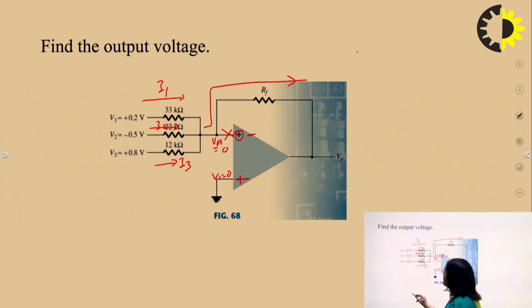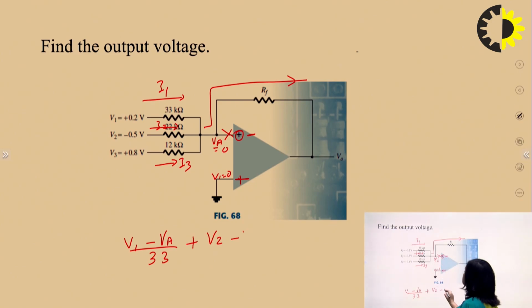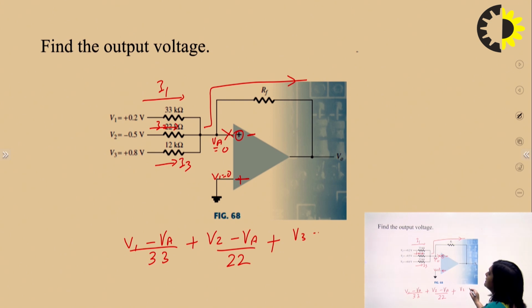So we can write the equation: V1 minus VA upon 33 plus V2 minus VA upon 22 plus V3 minus VA upon 12 is equal to VA minus V0 upon RF.